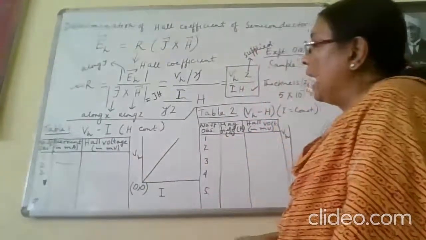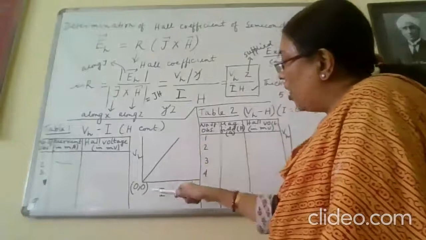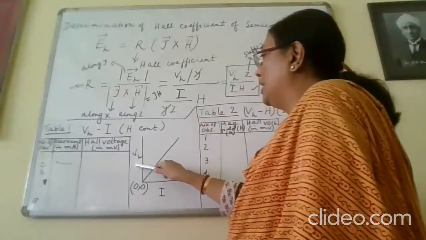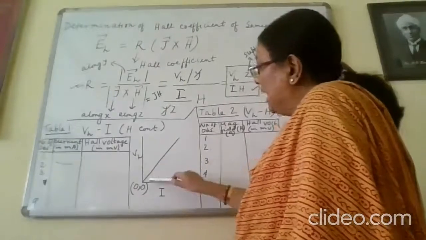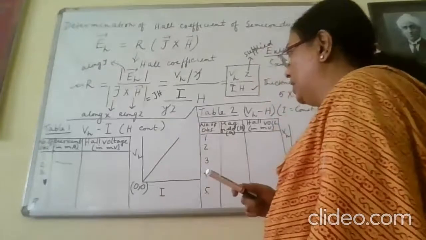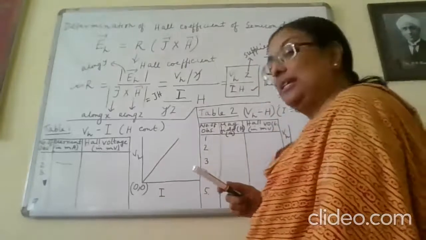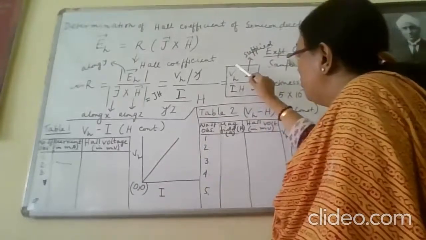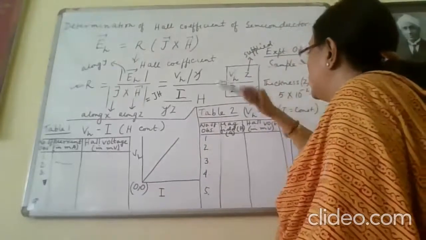Okay. And from the data, if we plot I along X and the corresponding Hall voltage along Y, we should get a straight line passing through the origin if our data collection is correct. So here we did VH versus I, keeping H constant.